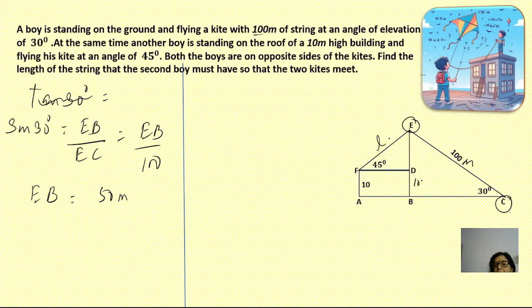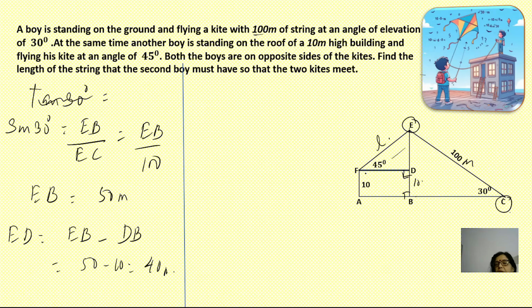Now this is 10. So from the total 50, we'll get over here ED, that is equal to EB minus DB. And DB is 10, this becomes a rectangle over here, because if we draw the horizontal, this is 90, this is 90, so this is a rectangle over here. So 50 minus 10, that is equal to 40 meters.